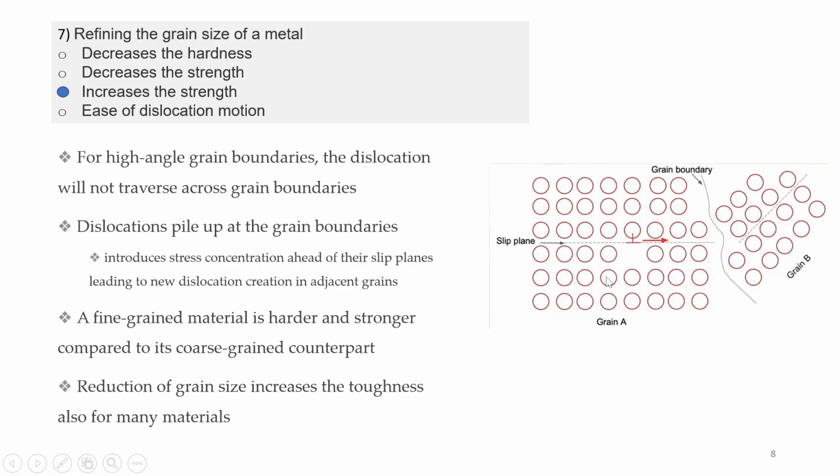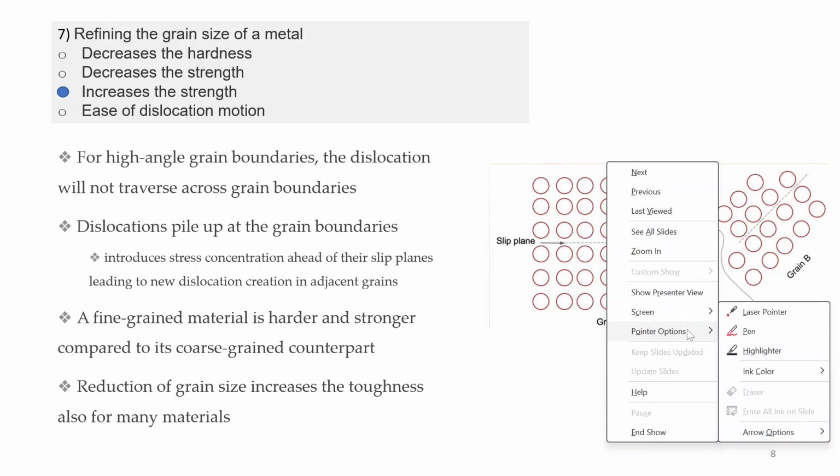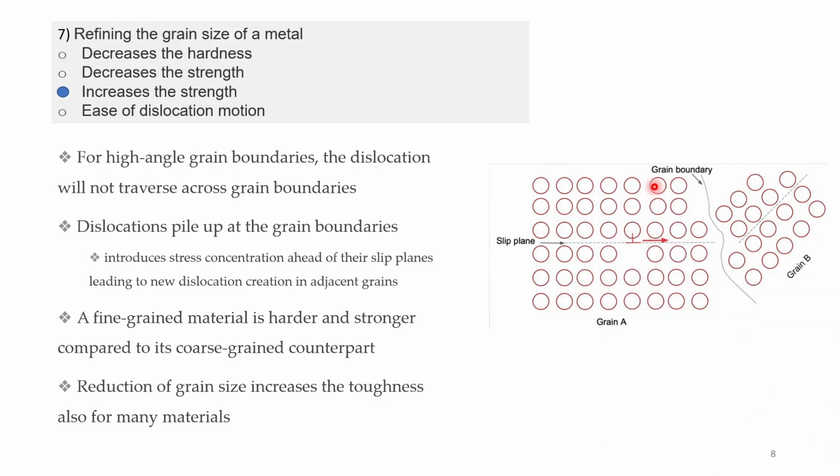Now this is the theory behind it. I don't think you are able to see the pointer. Okay, now you are able to see the pointer. This is one of the grains and this is another grain. Now when a dislocation is moving, its movement will be hindered at this grain boundary. The grain boundary is the area where atoms are not at the equilibrium distance.